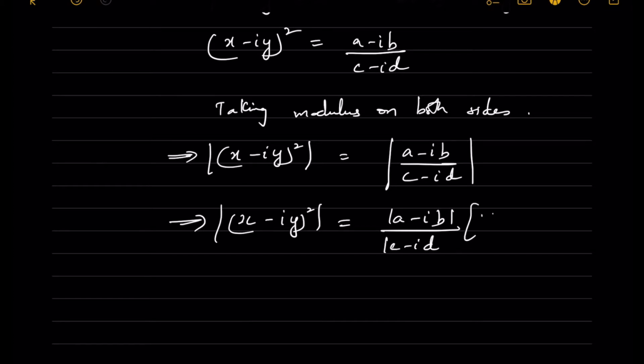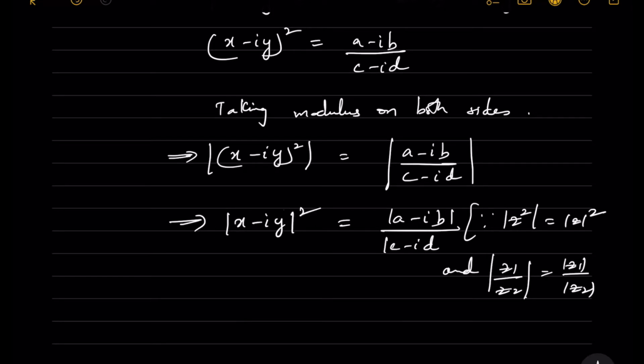Since we know that mod of z square is equal to mod z whole square, and also that mod of z1 by z2 is equal to mod of z1 by mod of z2.